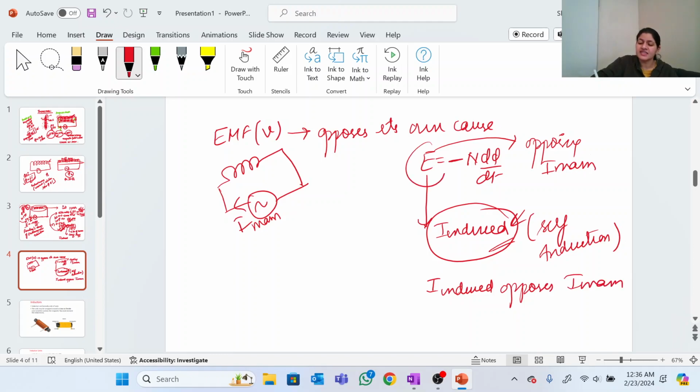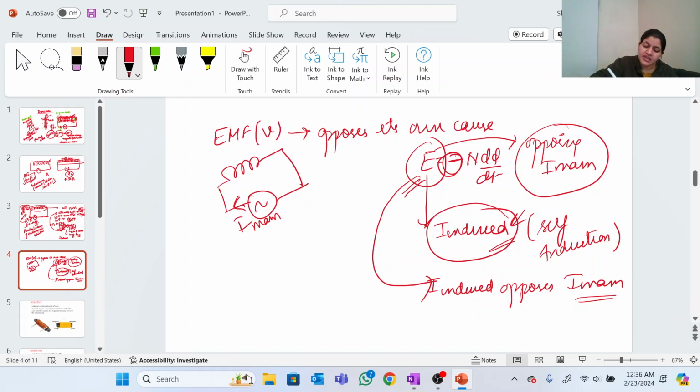As E opposes the I main current, therefore I induced, which is induced because of this particular EMF, will also oppose the I main current. Let's say that I main current was flowing in this direction, coming like this. Now I induced will oppose this. So this is I induced, and this is the I main current.